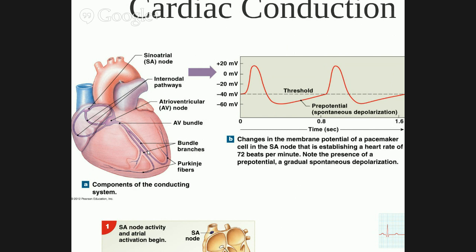There are some branches going to those papillary muscles that I pointed out earlier that control the tendinous cords on the AV valves, and then also just generally going to the rest of the ventricle. In pictures like this, which is always depicted in 2 dimensions, it makes it look like the bundle branches just go up either side opposite from each other. But in fact, they kind of go all the way through all of the ventricular wall in 3 dimensions. And it's never depicted very well in a picture like this.